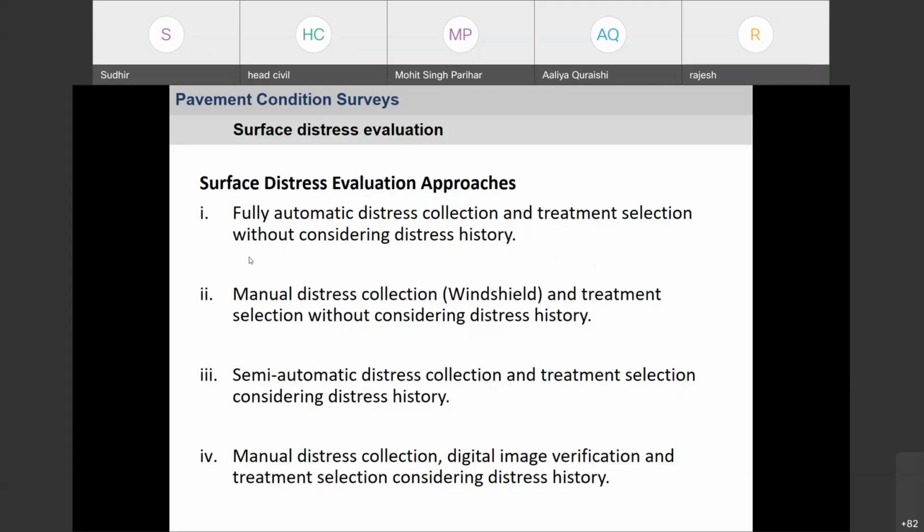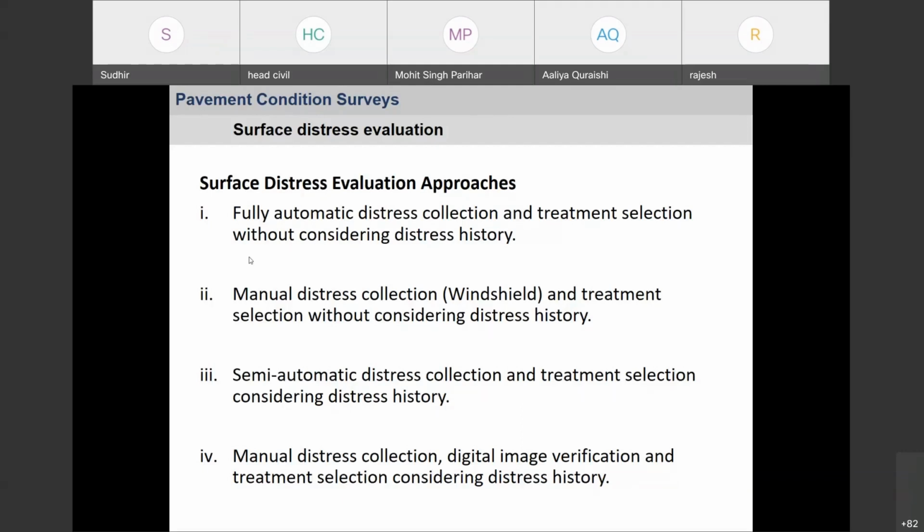So the benefit is that from the history of pavement distress, you would be able to not just get what is the current distress, but also understand at what rate the distress is evolving. Okay. So what is the benefit of understanding the rate of evolution of distress? The benefit is that you can estimate at what point the pavement will reach its threshold value.